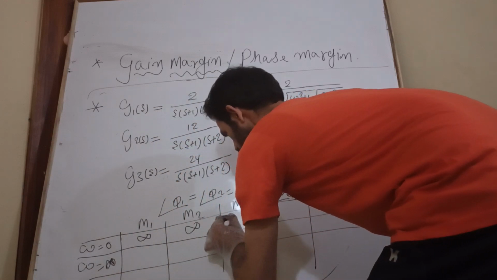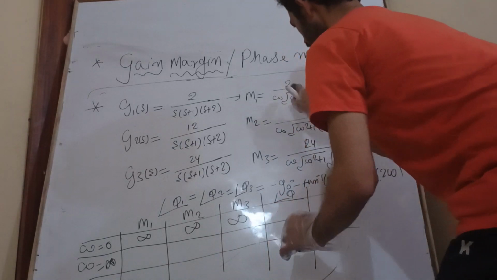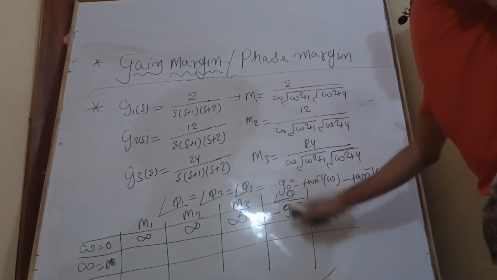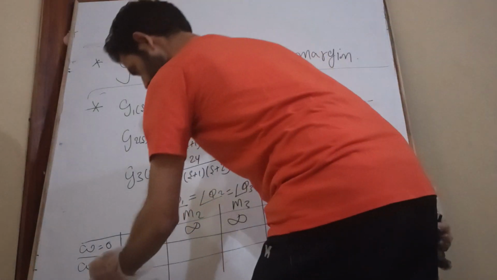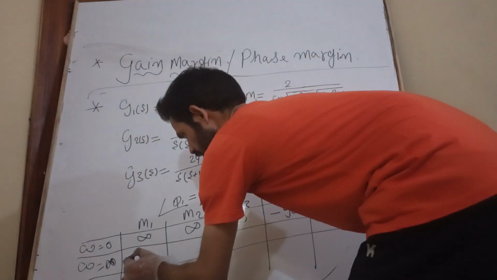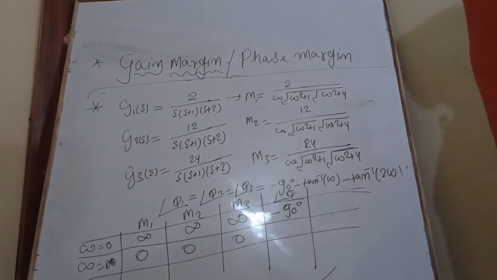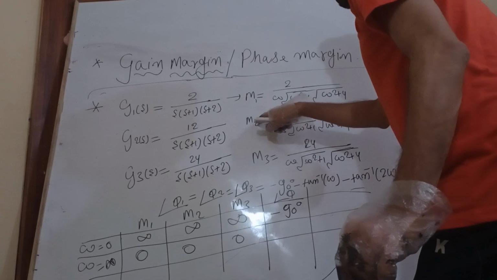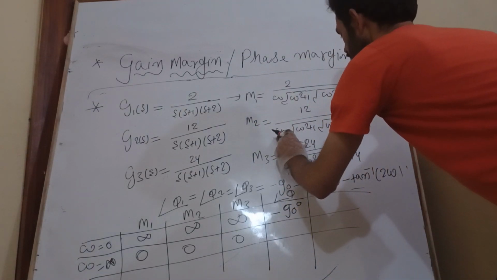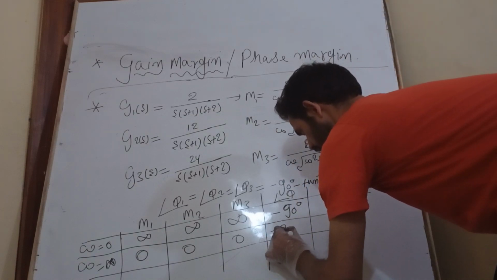At omega is equal to 0, all the magnitudes are infinity, and the angle is minus 90 degree for all. At omega is equal to infinity, the magnitude is 0 for all. And the angle is nothing but 3 into 90, that is minus 270.